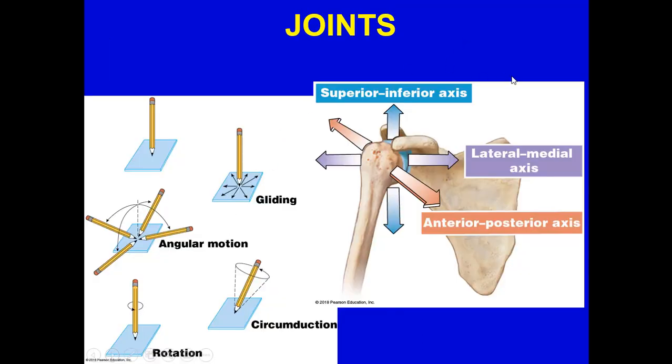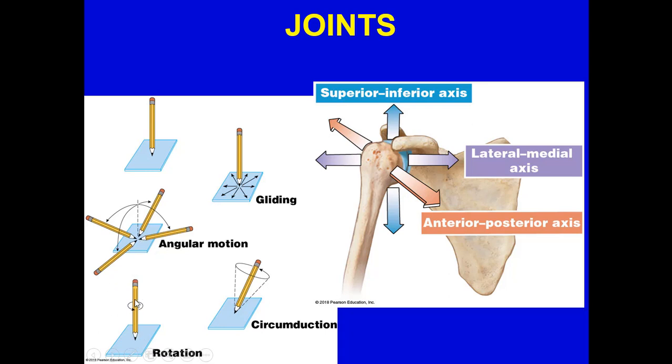Now, when we talk about joints, we have to talk about the various angle motions, and they use a pencil on a pad or a platform here to give you an idea of the sliding. So we go back and forth and all in different directions. Angular, as long as that tip is still in contact with the surface.